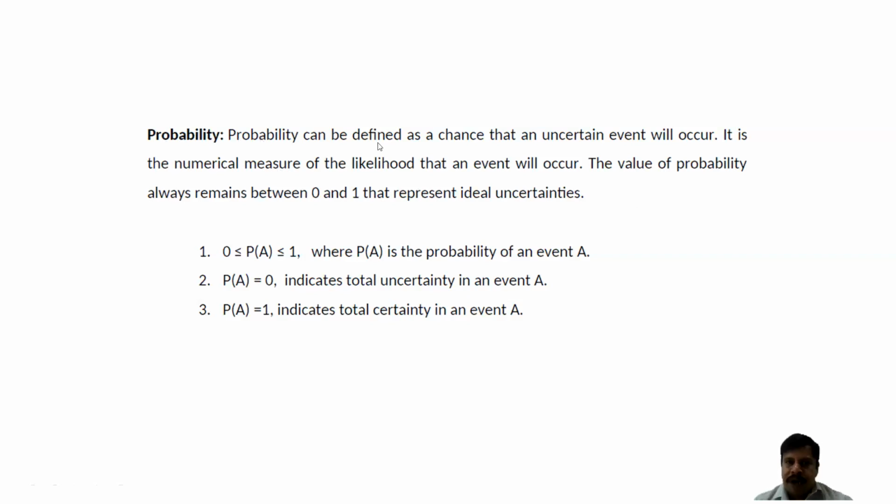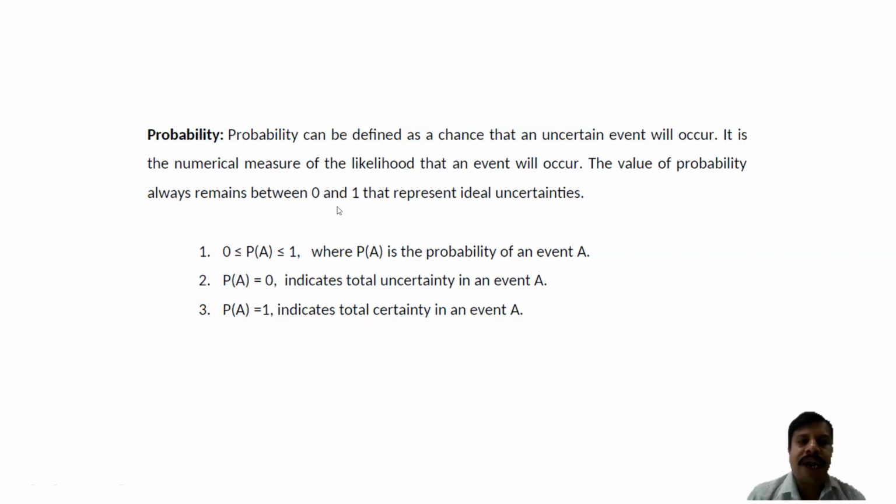Probability can be defined as the chance that an uncertain event will occur, but not completely. It may occur 30%, it may occur 50%, or it may occur completely. It is the numerical measure of the likelihood that an event will occur. It is a numerical measure that varies from 0 to 1 for an event's likelihood to occur.